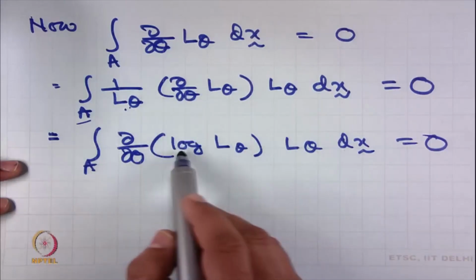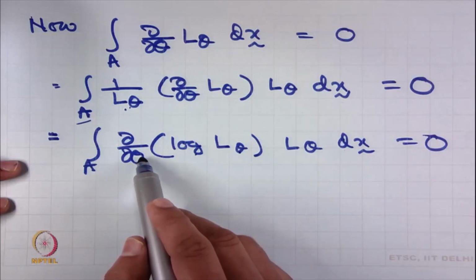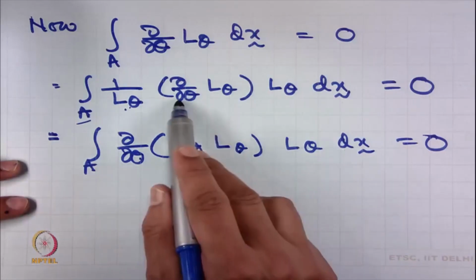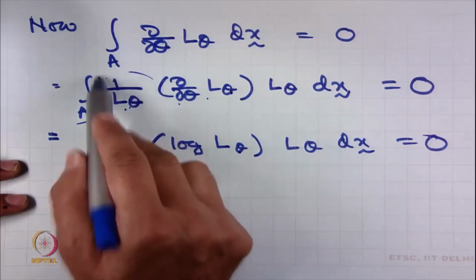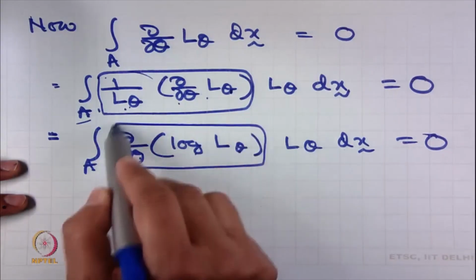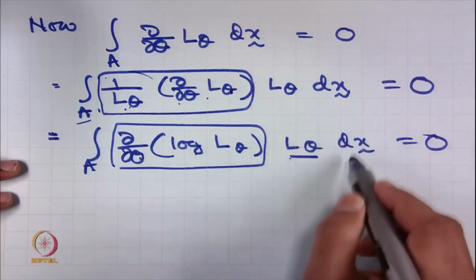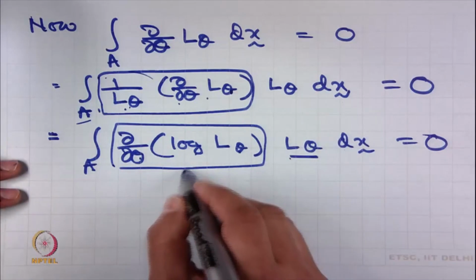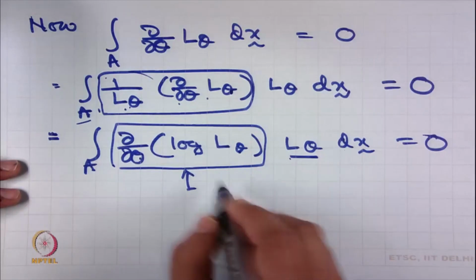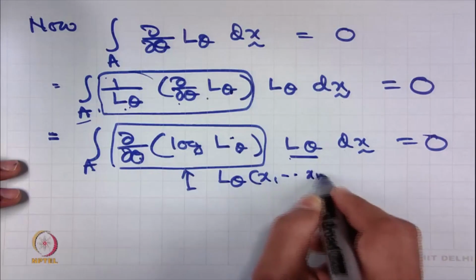Because if we differentiate log of L theta with respect to theta and taking the partial derivative, then what we are getting? This is 1 upon L theta into del theta of L. So, this entire quantity I can write it as this, and that we are multiplying by L theta of x 1 x 2 x n and integrating. So, what is this? It is a function of x 1 x 2 x n, because this L theta is L theta of x 1 x 2 x n.